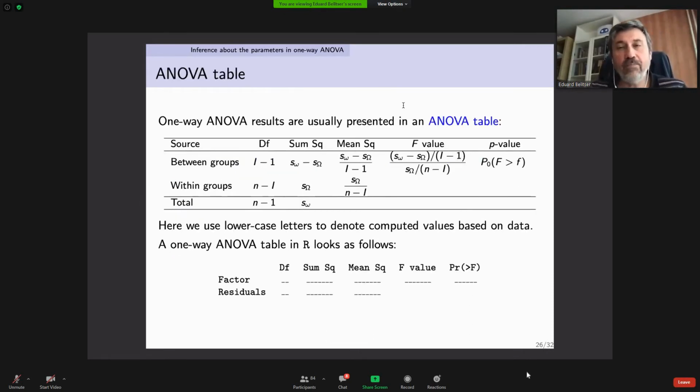Okay, if you do that in ANOVA, you will get an output in R, and this is really important for you to know for the exam, because one of the questions, it's a classical thing, is based on the ANOVA table and its interpretation.